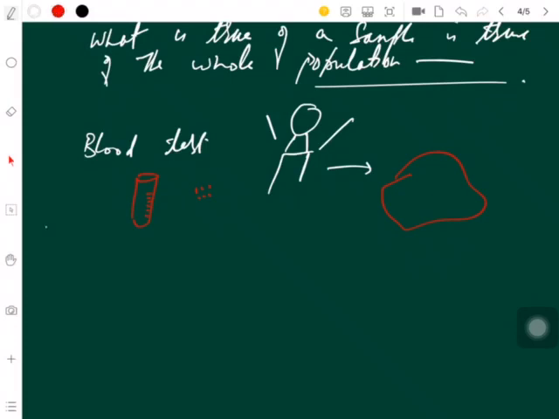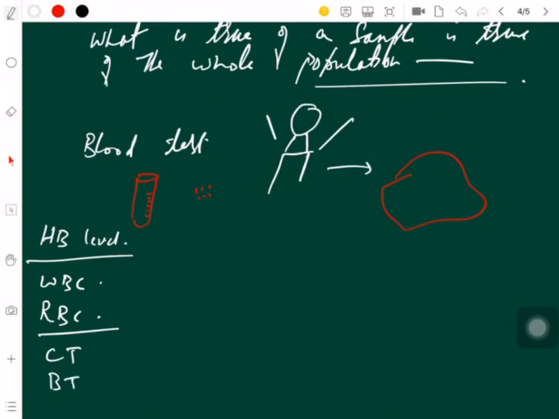Let us say we have to evaluate your HB level, that is hemoglobin level, your white blood cells, your red blood cells, maybe your clotting time, maybe your bleeding time. These are different tests performed under the heading of CBC, complete blood count. So a very small part will be taken and evaluated.